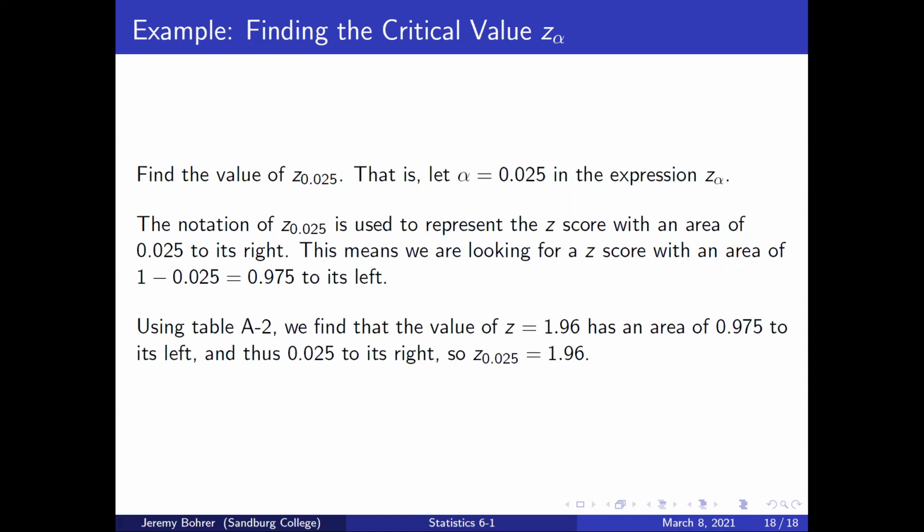The notation z 0.025 is used to represent the z-score with an area of 0.025 to its right. This means we are looking for a z-score with an area of 1 minus 0.025 equals 0.975 to its left. Using table A2, we find that the value of z equals 1.96 has an area of 0.975 to its left, and thus 0.025 to its right. So z 0.025 equals 1.96.